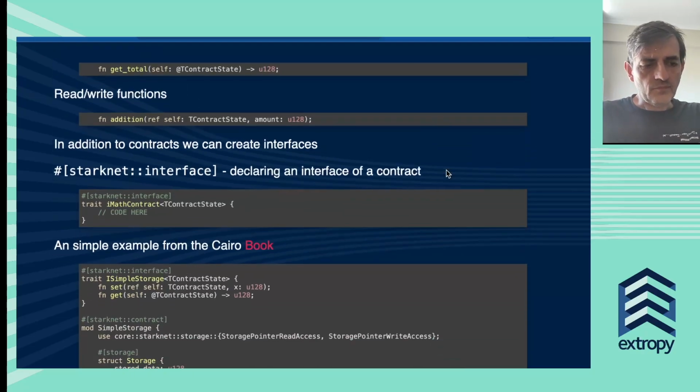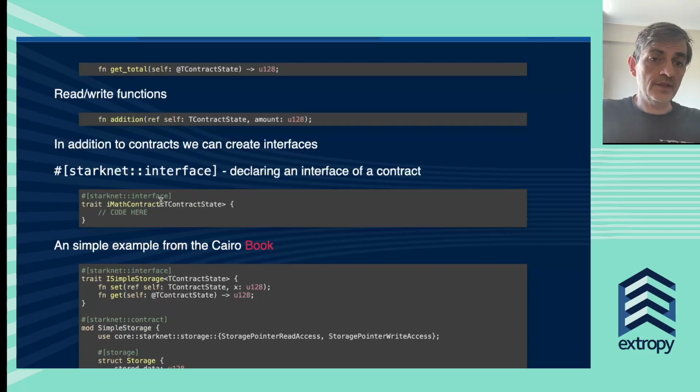Now, a very common practice when you're writing programs or contracts is to create an interface to show the behavior of that contract and to list out the functions that contract is going to implement. And so to do that, we have an interface attribute. And so here you can see that being applied to a trait.